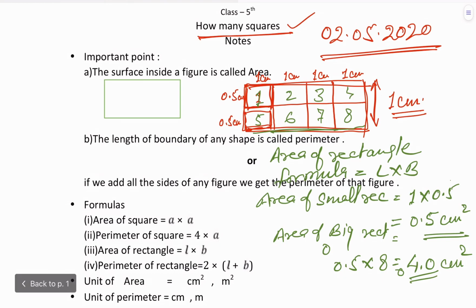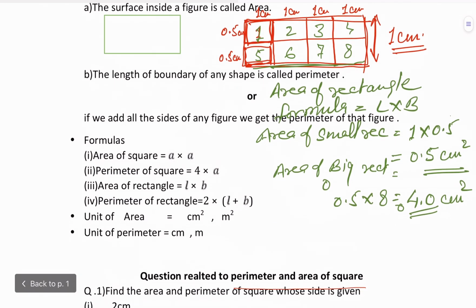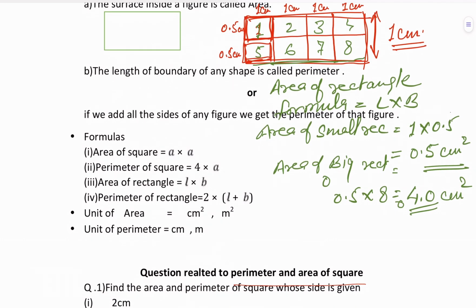You can also calculate it by using the big length. This length is 4 centimeter and breadth is 1 centimeter. Then 4 into 1 equals 4 centimeter square.